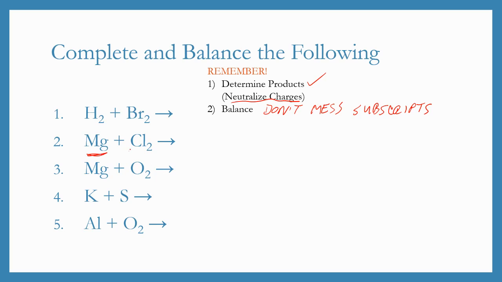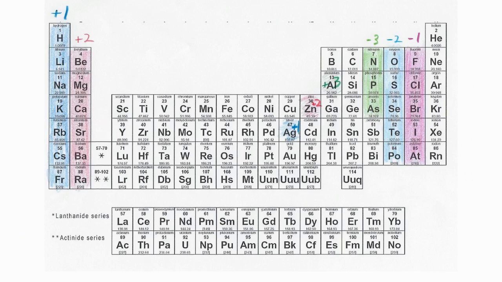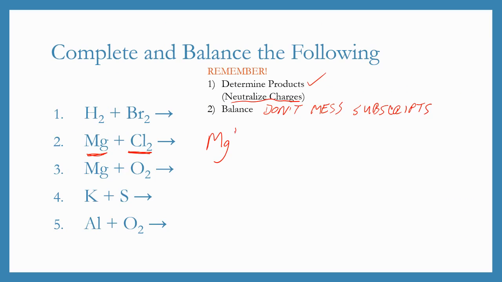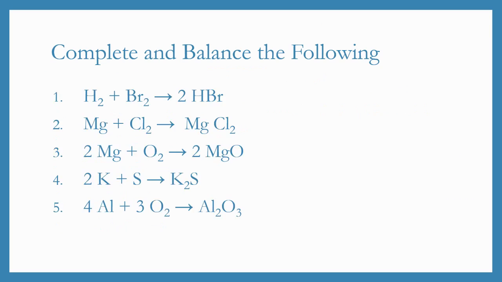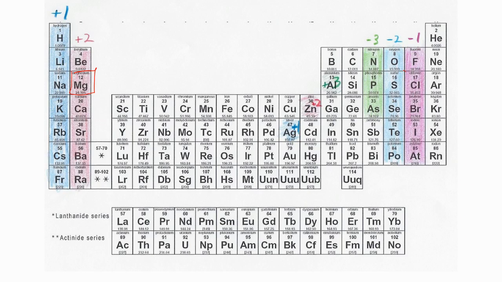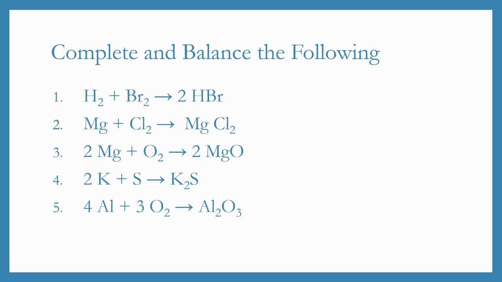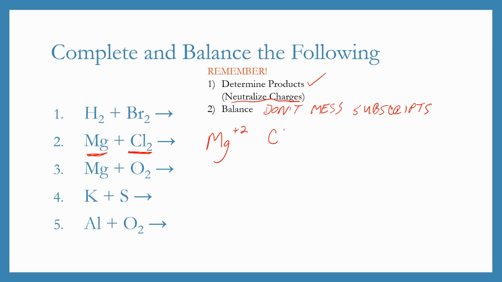So here, when magnesium gets together with chlorine, magnesium has a +2 charge on the periodic table. Remember this? So magnesium has a +2 charge. It's in the +2 region. And because of that, when it gets together with chlorine, which has a -1 charge, in order to neutralize my charges, I need 2 chlorines so that my sum is 0.